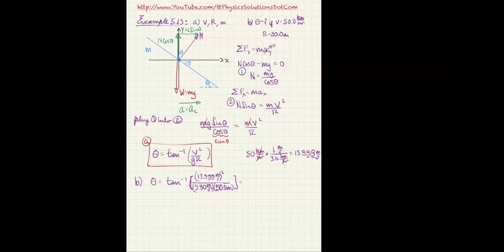So this is going to be the tangent inverse of, if I work out these quantities, I'm going to square that 13.8. Now that's 192.901. Now I'm going to divide that by parentheses 9.8 times 50, close parentheses, and that gives me the inverse tangent of 0.39368.